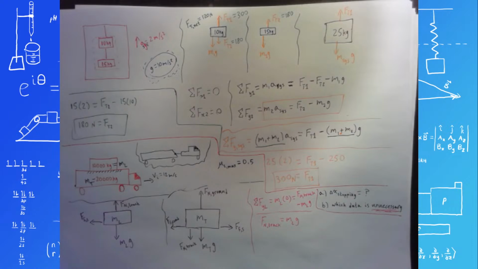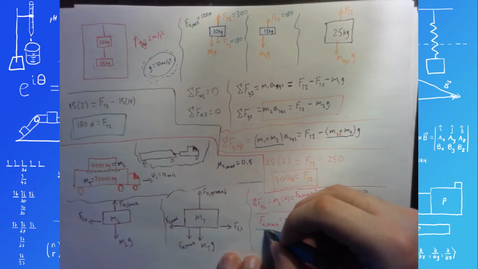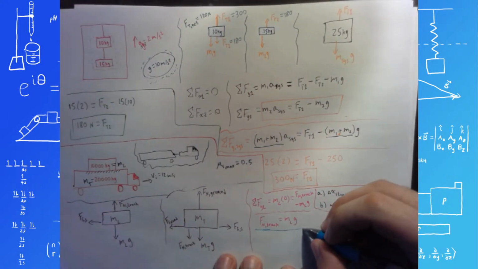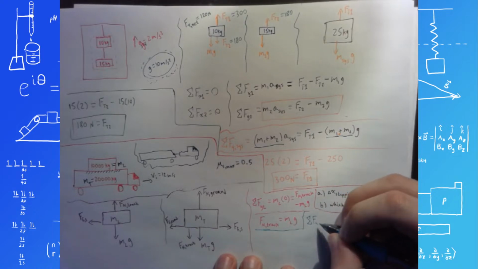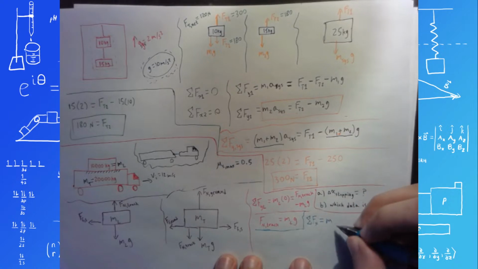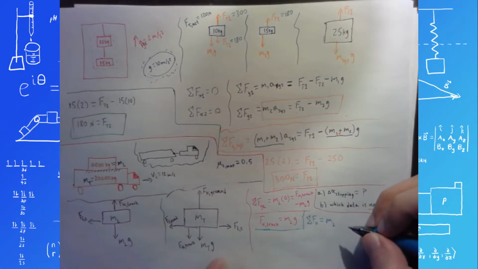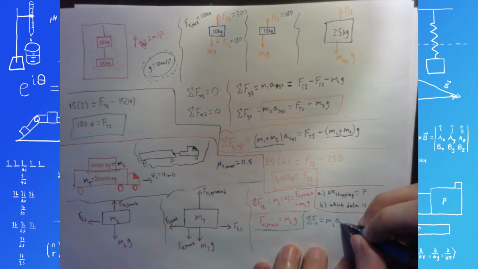Now for net force x, let's do that in this light blue color. And I'll do it over here. Net force horizontal is equal to mass of the load times the horizontal acceleration of both the load and the truck.